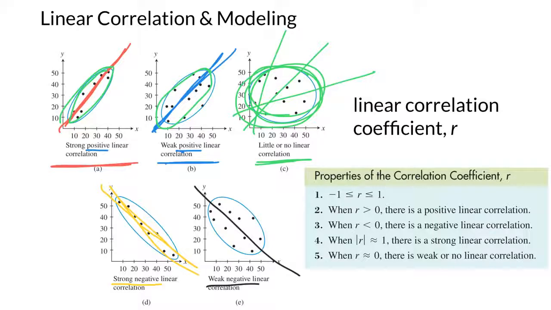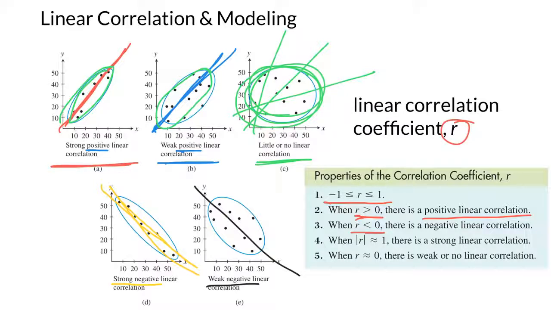So we've come up with something called a linear coefficient. We call this R, and the linear coefficient R helps us describe what type of relationship the data has. The coefficient is going to be between -1 and +1. When it is greater than 0, it has a positive linear correlation.